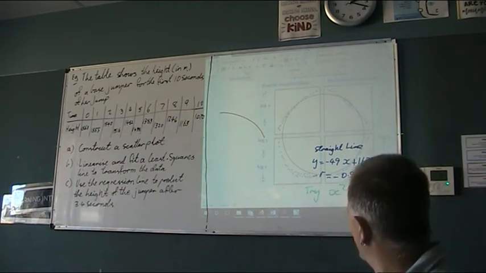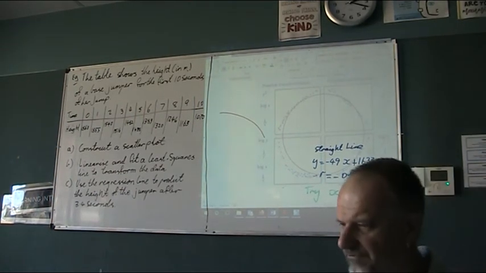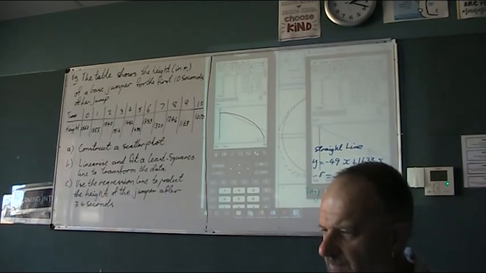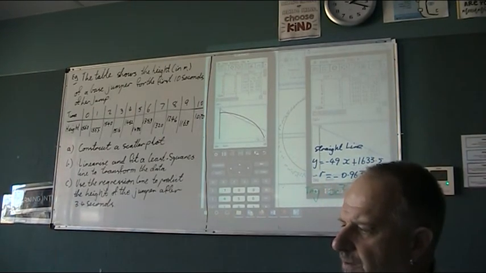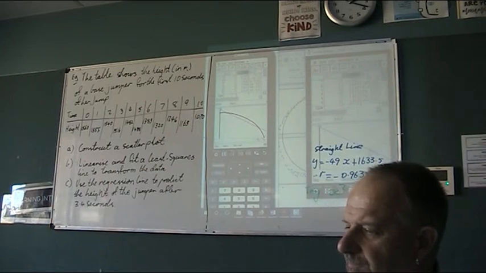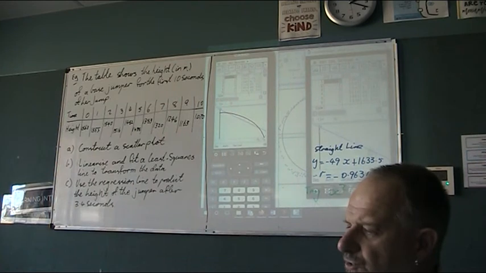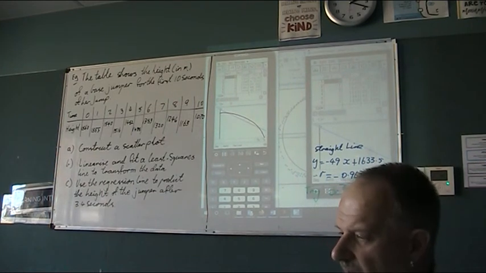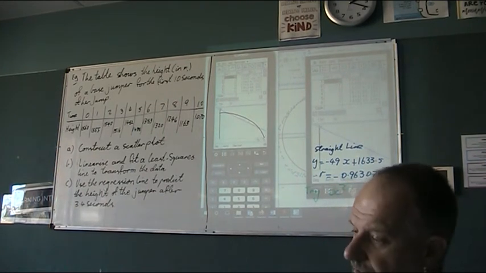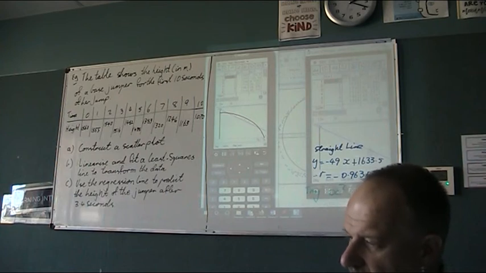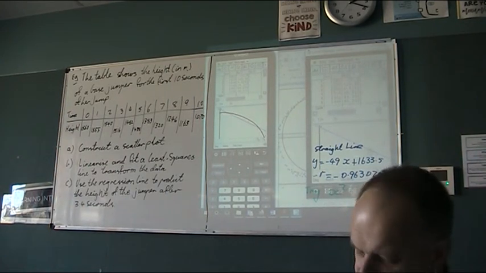All right, so I'm going to try the x squared one first. So let's go back to our calculator. We want to transform, so x squared is list 1, remember? I want to transform that by squaring it. So I can do a whole column all at once. I'm going to put this stuff in list 4.